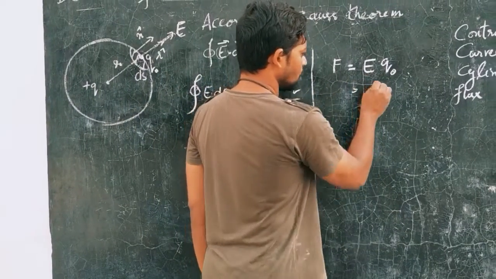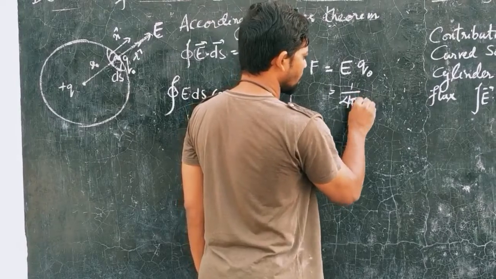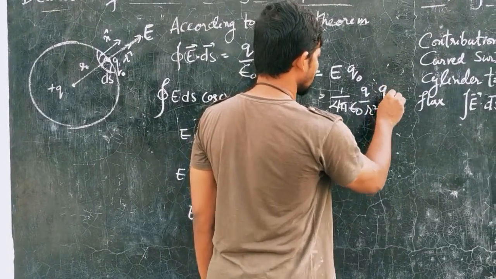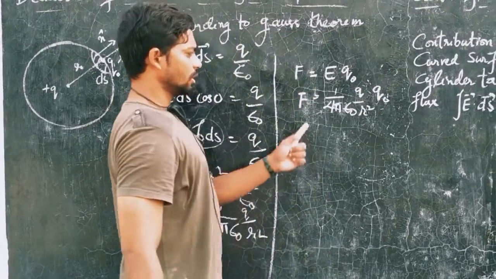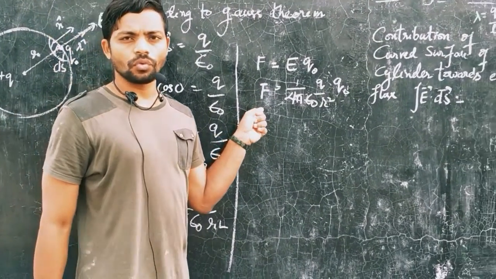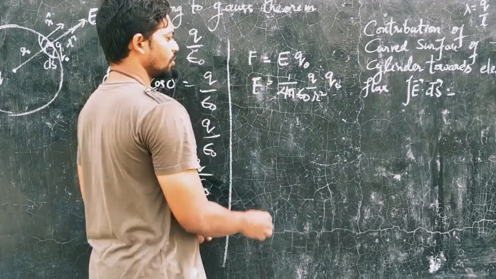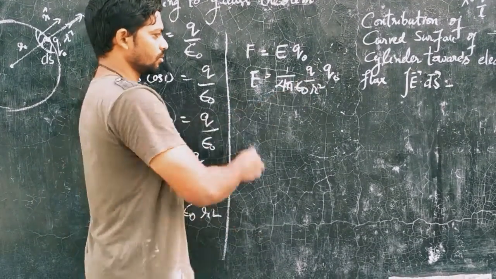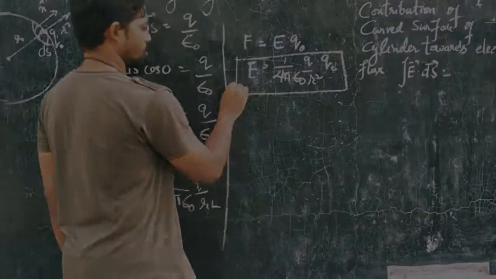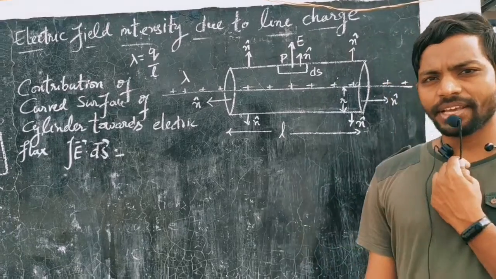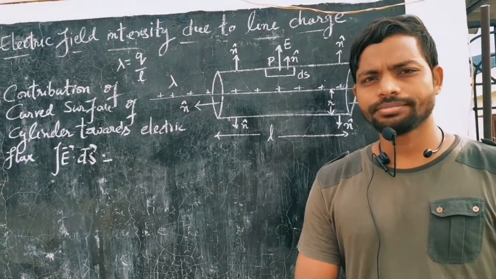E value is 1 by 4 pi epsilon naught Q by r square, times q naught. Now you can see this is nothing but the expression for Coulomb's law, where it is telling the force experienced by these two charges. Right. Whereas now we will see the applications of Gauss's law.